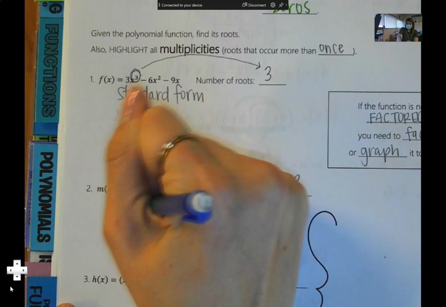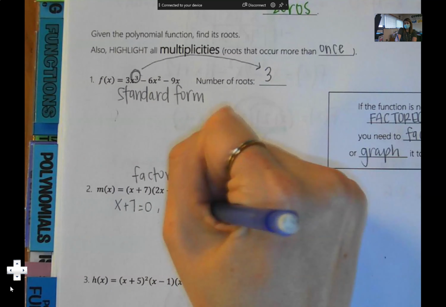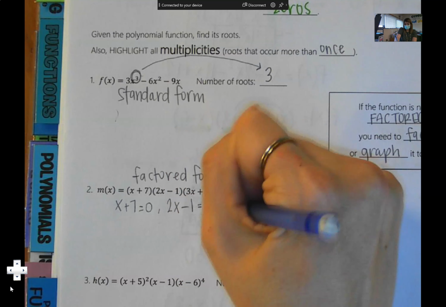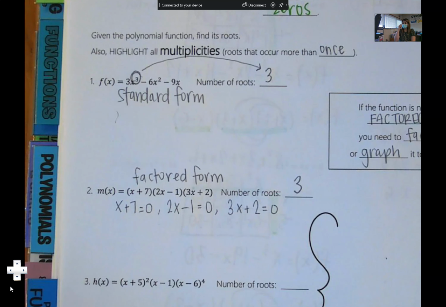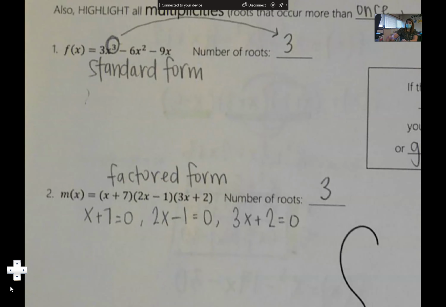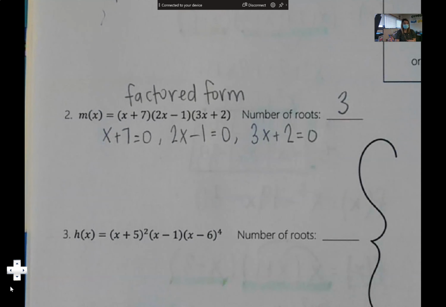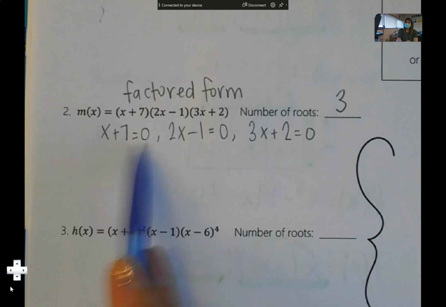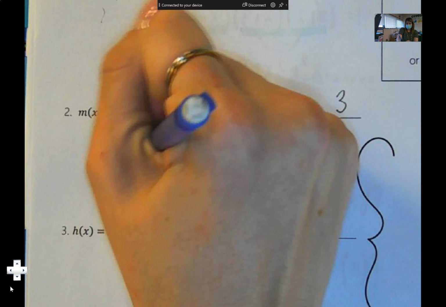So we would have x plus 7 equals 0, 2x minus 1 equals 0, and 3x plus 2 equals 0. And to find the zeros or the roots, we would just solve these. And I'm going through these ones because these ones are easier ones to solve. So for this very first one, to get rid of that plus 7, what do we do? Minus the 7.